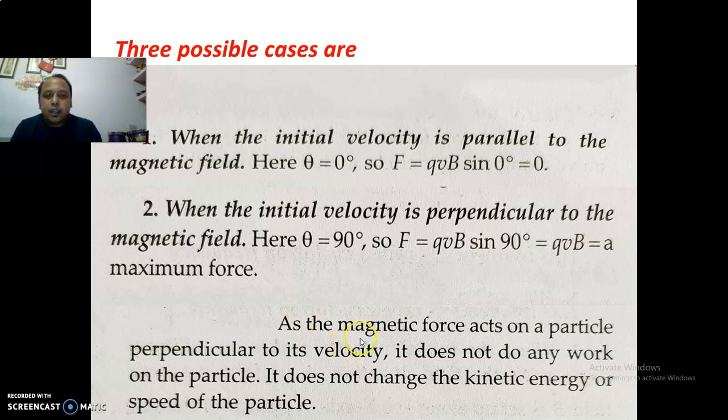That is, the magnetic force which acts on the particle perpendicular to its velocity does not do any work, and we have actually discussed this topic in one of the previous videos, where we showed that if the force makes an angle of 90 degree with the velocity, then the work done will be 0, that is, there will be no change in the kinetic energy.